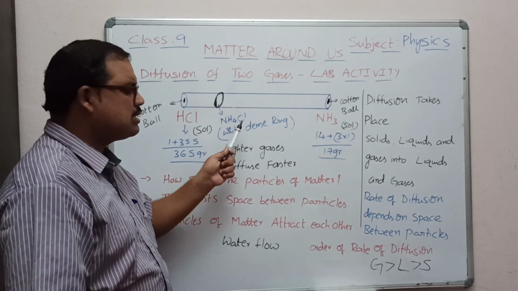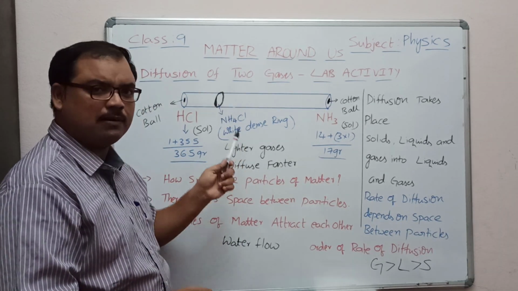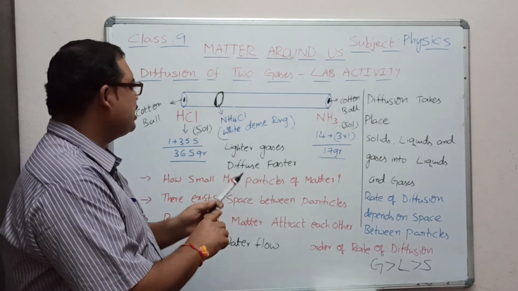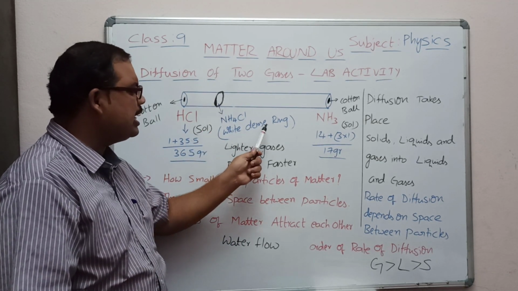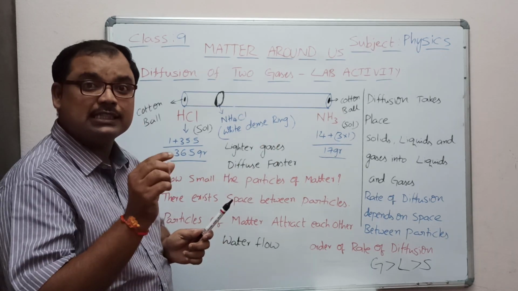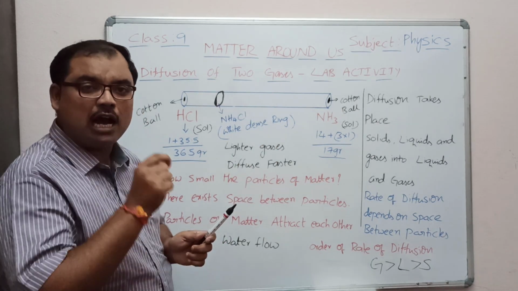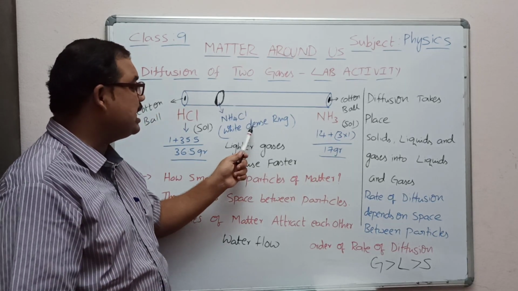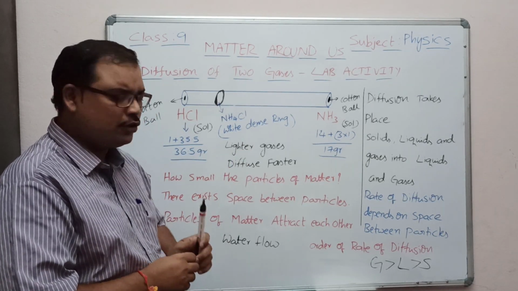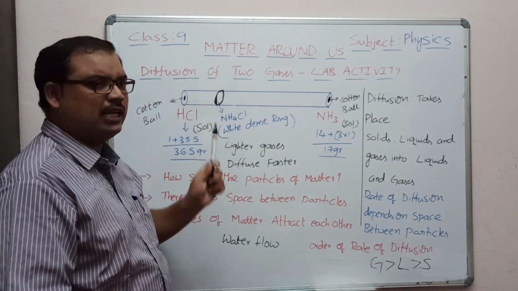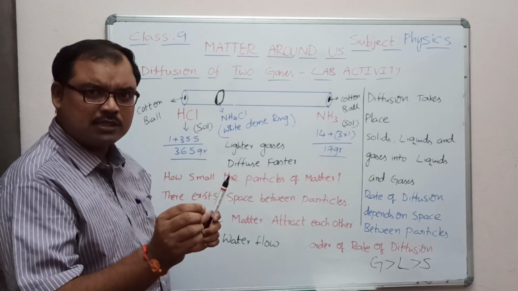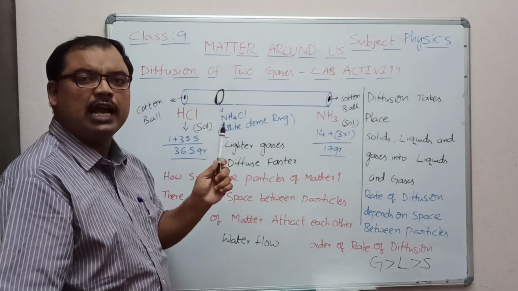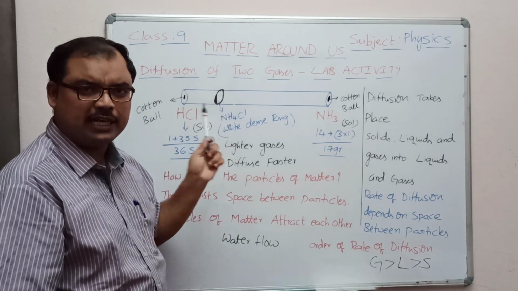Here, as evidence for this reaction completion and ammonium chloride formation, we get a white dense ring, dense in the sense of a thick ring. Ammonium chloride forms fumes, smoke of dense white color. So this white thick ring confirms the reaction is completed between HCl and NH3 and it formed ammonium chloride.